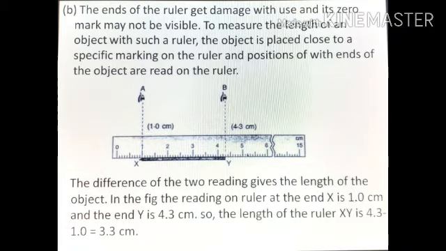The difference of the two readings gives the length of the object. In the figure, the reading on the ruler at the end x is 1.0 centimeter and at the end y is 4.3 centimeter. So, the length xy is 4.3 minus 1.0 equals 3.3 centimeter.